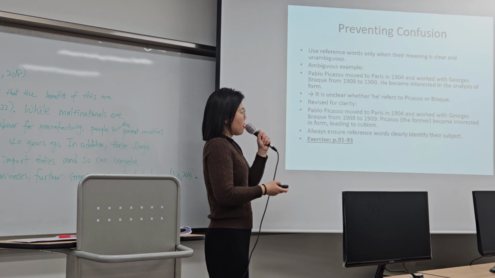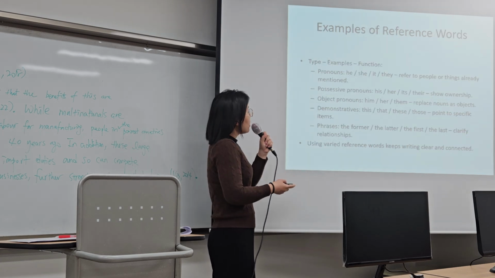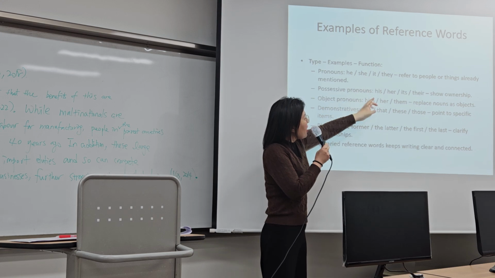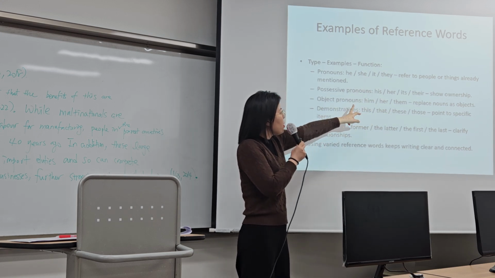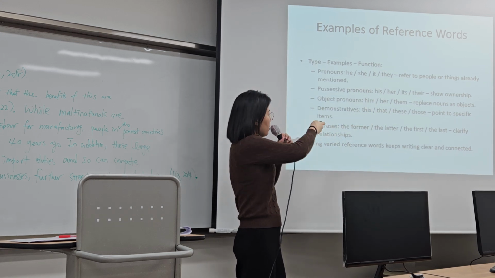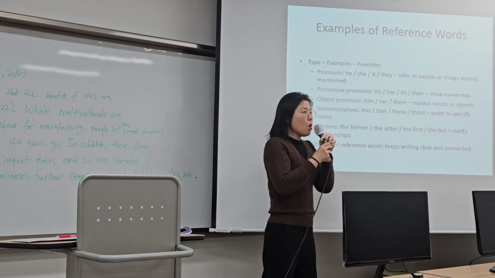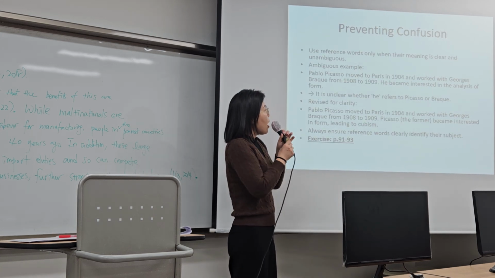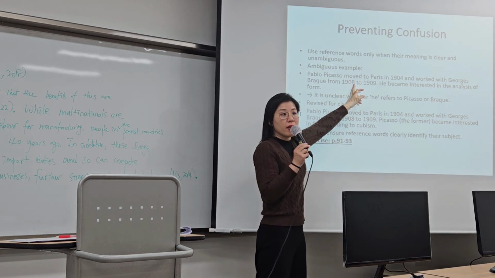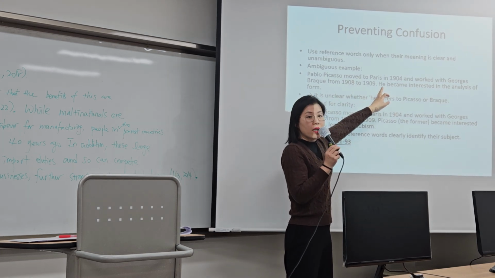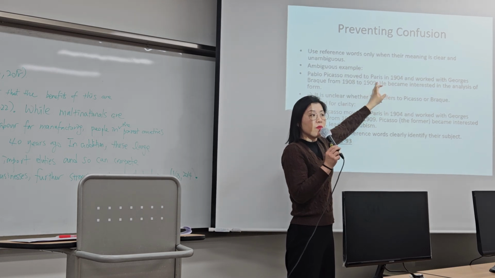Always ensure reference words clearly identify their subject. So when you're using pronouns like he, she, it, they, his, her, its, their, him, them, and demonstratives like this, that, these, those, always remember you have to be able to specify. In this case, if you just write "he," it's not very clear who he refers to.